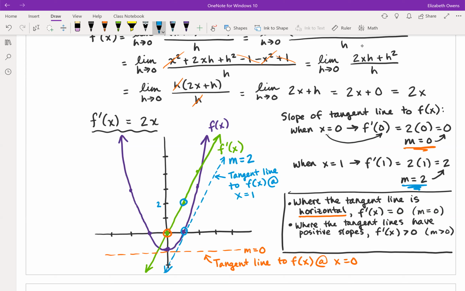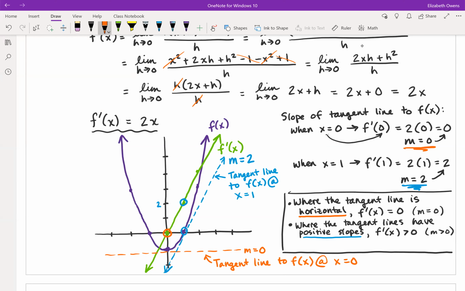So that's like we're seeing here in the blue case, tangent line to f of x at x equals 1. We have a positive tangent slope, and the derivative has a positive value. That's just one example. Another example could be here at x equals 2, that tangent line would also have a positive slope. In between 0 and 1, the tangent line has a positive slope, because we can see here that the values for the derivative function are positive.